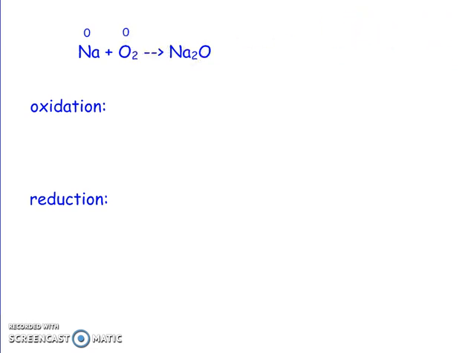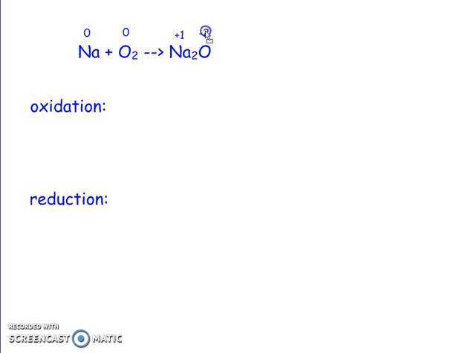On the product side, we have an ionic compound. Sodium and oxygen have combined. Now, remember, the metals will always form a positive charge. And if you look on your reference table, on your periodic table, it tells you that sodium will always form a +1 charge. And oxygen will always form a -2 charge.